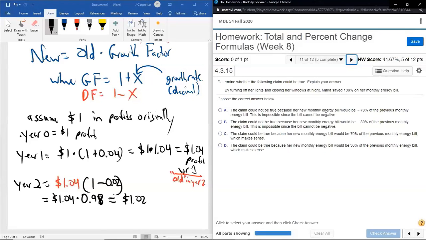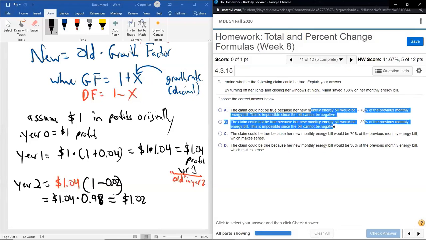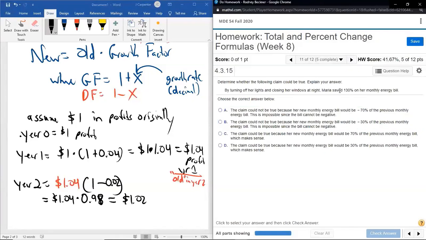This is impossible since the bill cannot be negative. The claim could not be true because her new monthly energy bill would be minus 30% of the previous monthly bill. This is impossible because the bill cannot be negative. So these two things are making the same argument that your bill is going to be negative, which is impossible. They just have 2 different numbers here, a minus 70 and a minus 30.